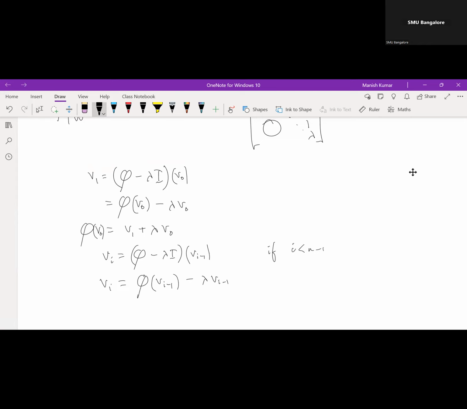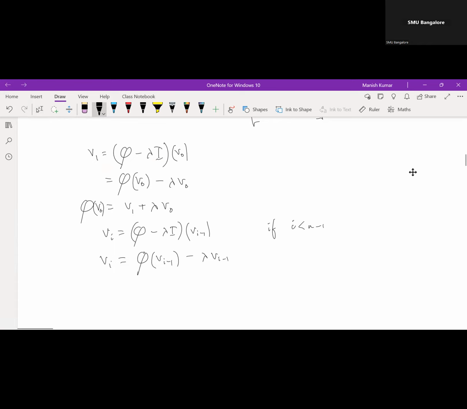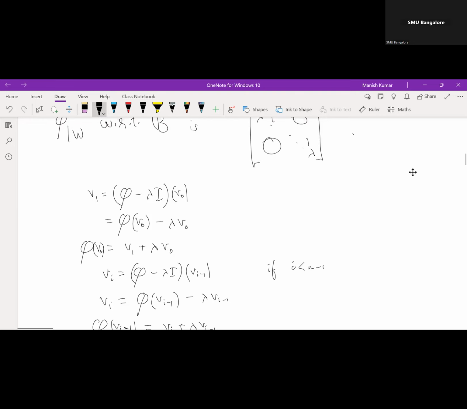So we again see that phi of Vi minus 1 is Vi plus lambda Vi minus 1.